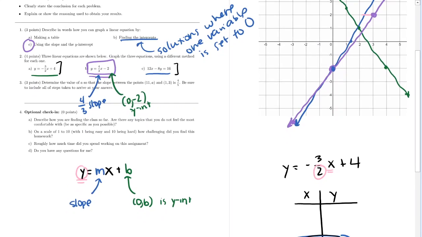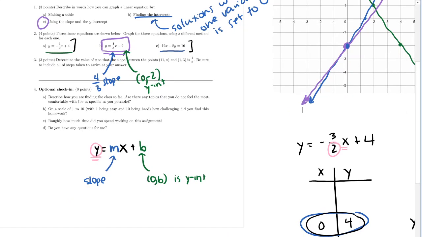Okay, so now the last example here says to determine the value of a. So I guess we've described how we can graph a linear equation by making a table, by finding the x and y intercepts, by using slope and y-intercept, and we did so in the context of the equations given in problem 2.